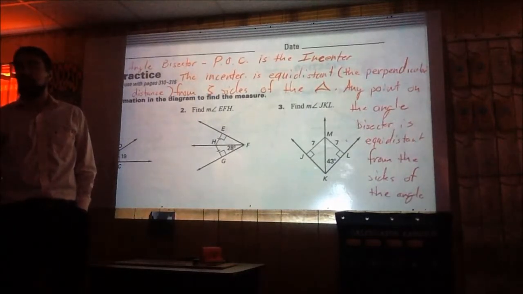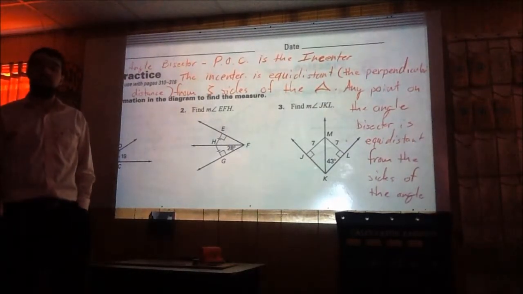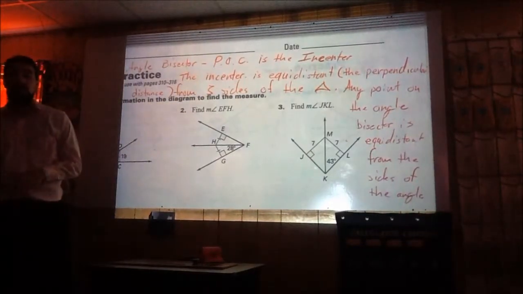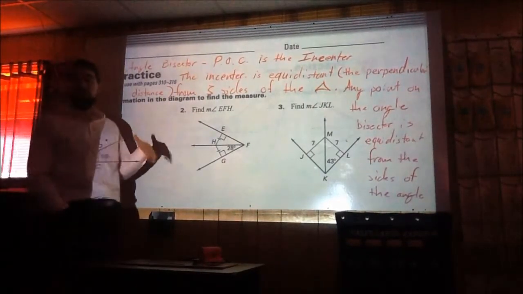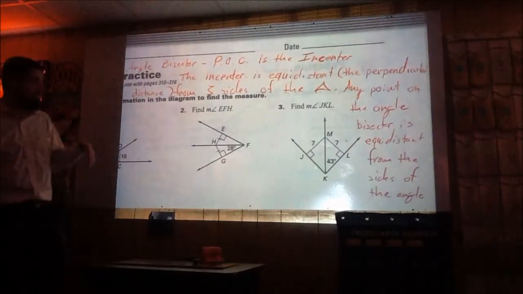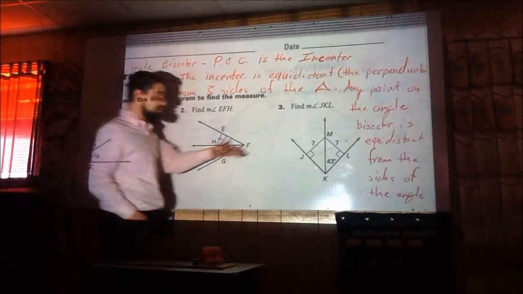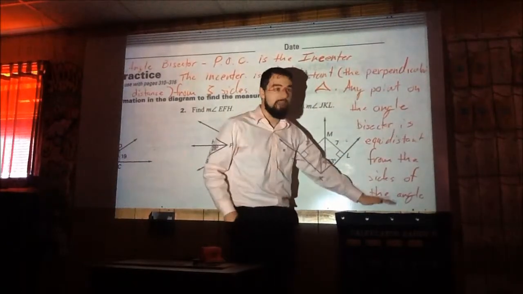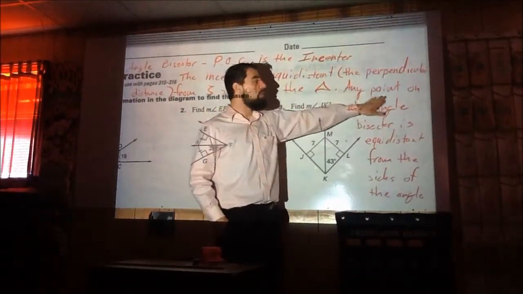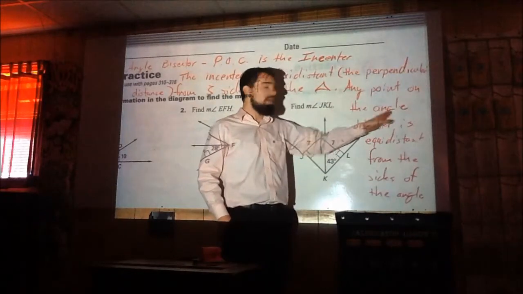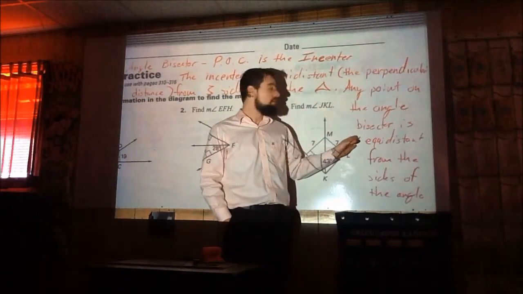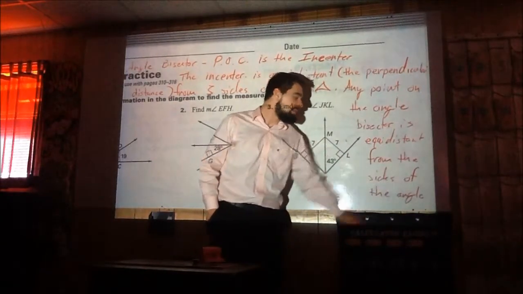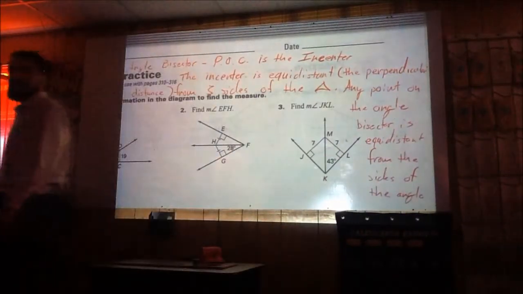So the circumcenter was equidistant from the vertices. Now the incenter is equidistant from the sides. And you have to be talking about that perpendicular distance. The next thing, this sentence right here, it reads, any point on the angle bisector is equidistant from the sides of that angle that it's bisecting.